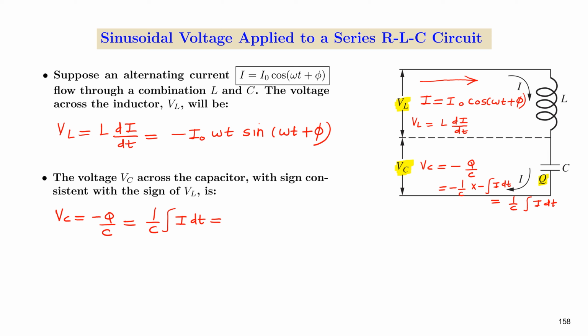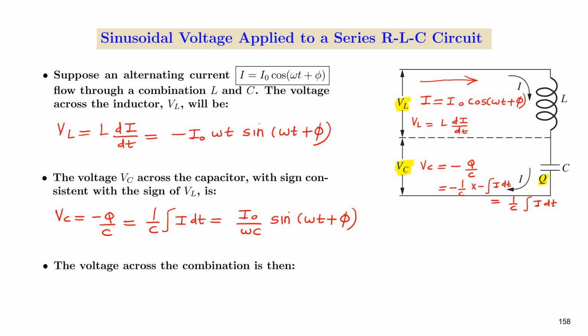When we do the integration, this will become I0 divided by omega C, then sine of omega t plus phi. We will find the total voltage across the combination, which will be VL plus Vc, and that is equal to negative of omega L minus 1 by omega C multiplied by I0 sine of omega t plus phi.